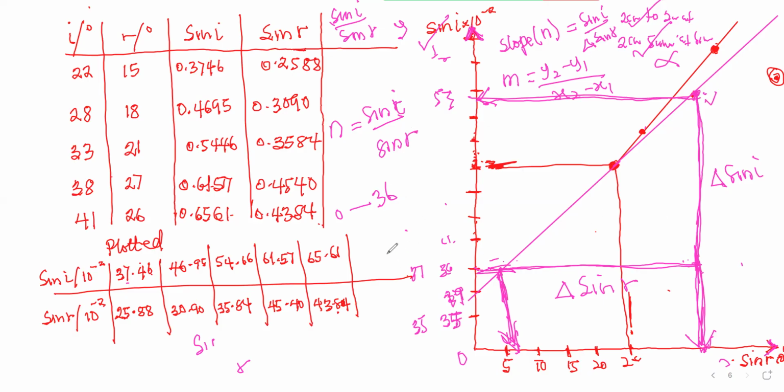If you want to use the graph, find the value of sine, is that 25 or 45? I think it was 45. Sine 45 is 0.7071. So plot 0.7071 on the graph, on the sine I axis.